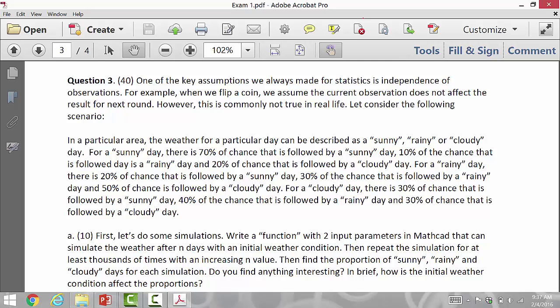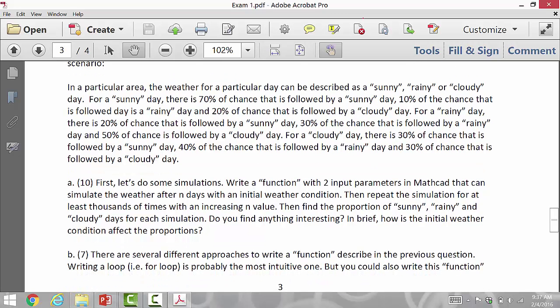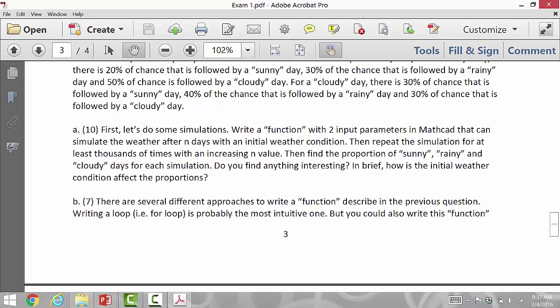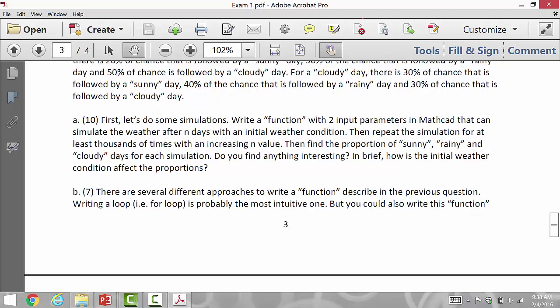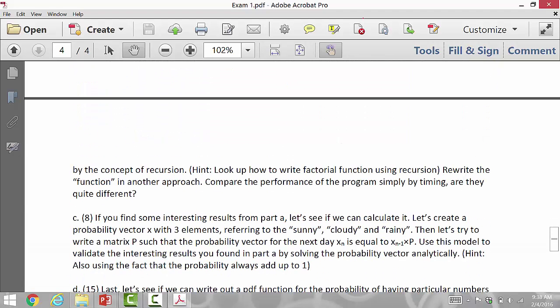And then once you finish the simulation, you will probably find some interesting facts. And in the later question, you mathematically prove that you can actually calculate the interesting fact. I won't say too much because I don't want to give you too much information on this. But I think it's really intuitive to understand.